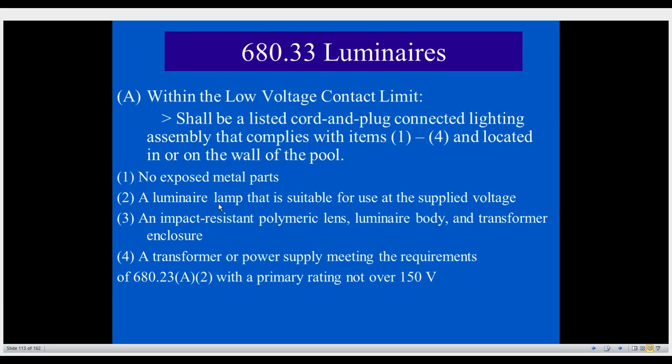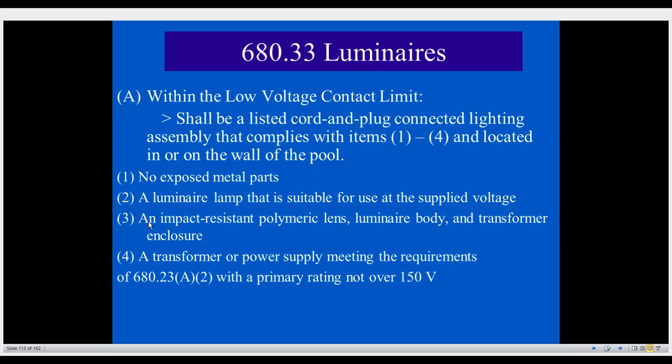It has a luminaire lamp that is suitable for use at the supplied voltage. So whatever the voltage, in this case, is low contact limit, we have to make sure that the lamp that's involved in it is suitable for use at this voltage level that we're working with. Okay. Next, it says the impact resistant polymeric lens, luminaire body, and transformer enclosure.